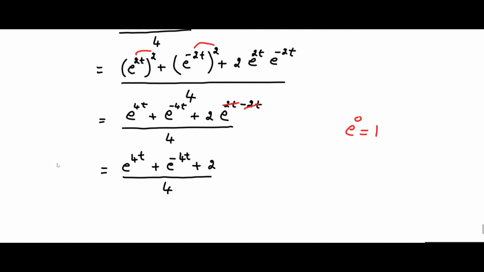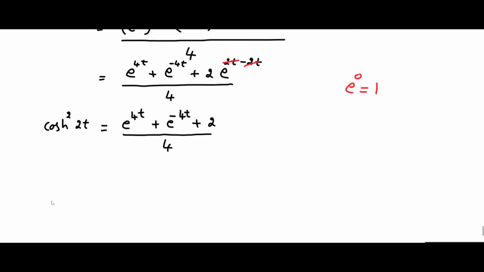So hence we have got the value of cosh square 2t. So that was the question. So now we need to apply the Laplace transform on both the sides. So if you try to apply the Laplace transform on both the sides, I will be getting Laplace transform of cosh square 2t.